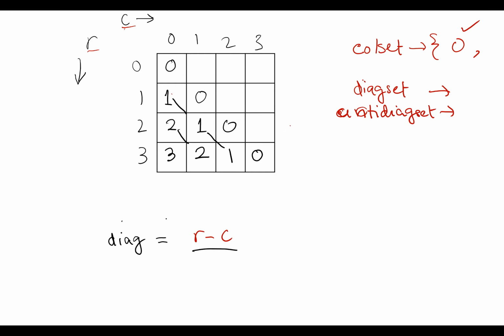Similarly, if we look like this, let's get rid of this. If I add these row values and column values, let's see what we get. Adding this row value and column value, I get, say, 3 plus 0, 3 here, and then I get 4 here, 5 here, 6 here.